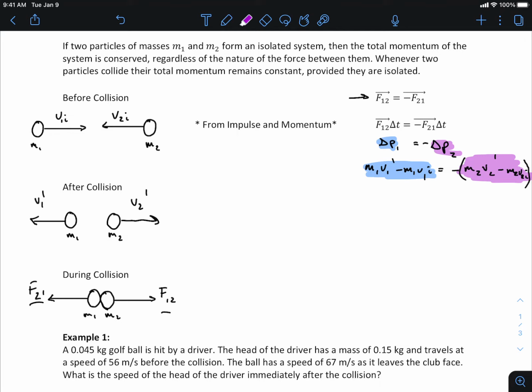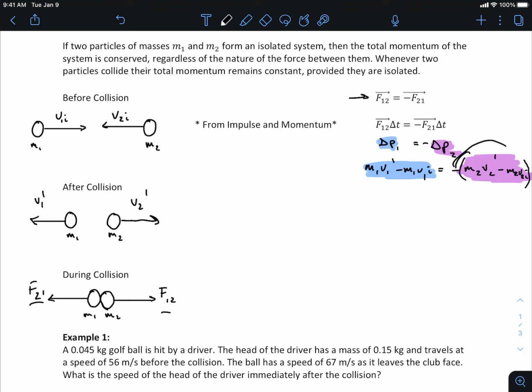Now, the physics argument has been set up, and from here we can do a little bit of math. Anytime I see brackets, I try to get rid of them. How do I get rid of brackets? I just expand, like expanding a binomial.